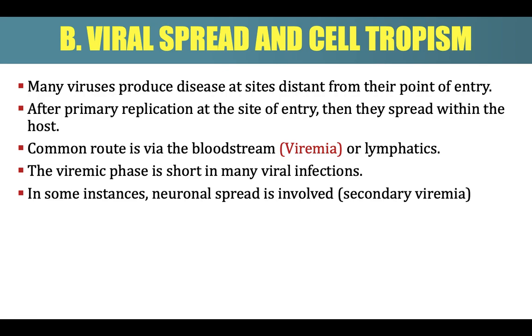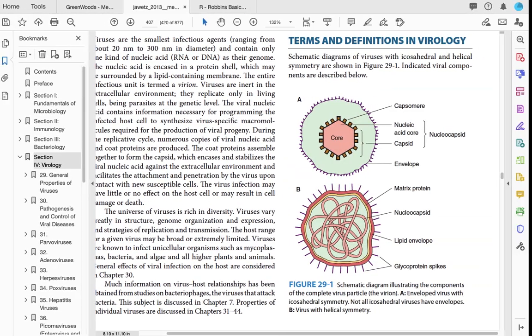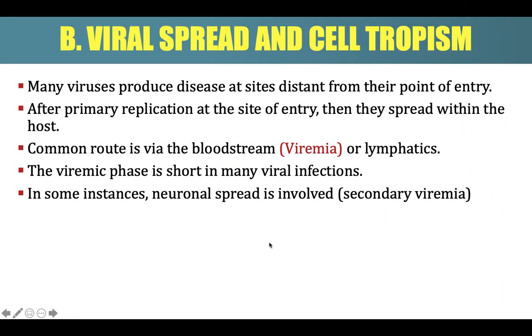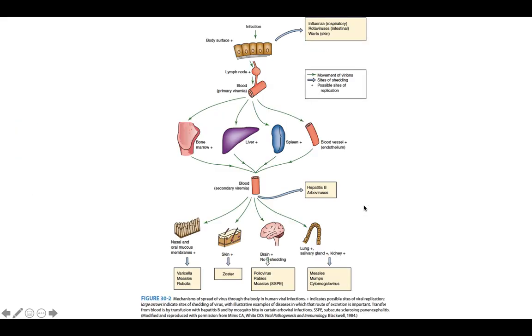An example is enteroviruses, which enter through the gastrointestinal tract but may produce central nervous system disease. Let's see whether we can see anything here. No, it doesn't show anything, but this is an example. From the blood, the virus will start to spread to other organs.